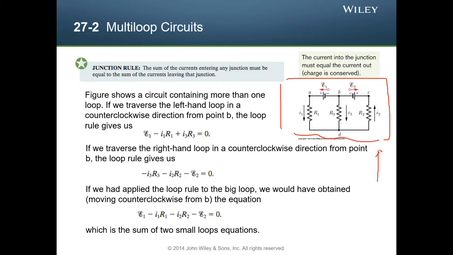Another way to solve this one is, I remember, this is called the mesh equation. This is called the node equation.